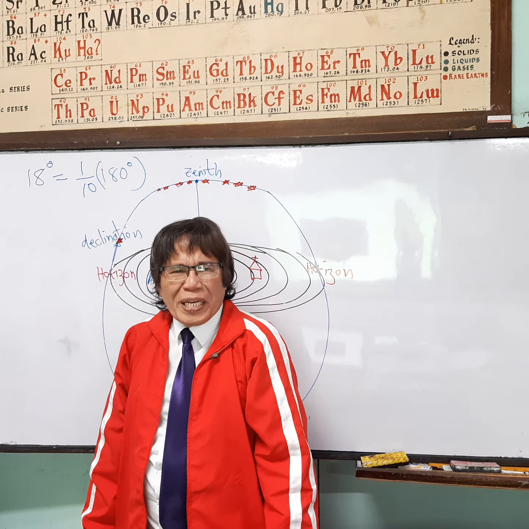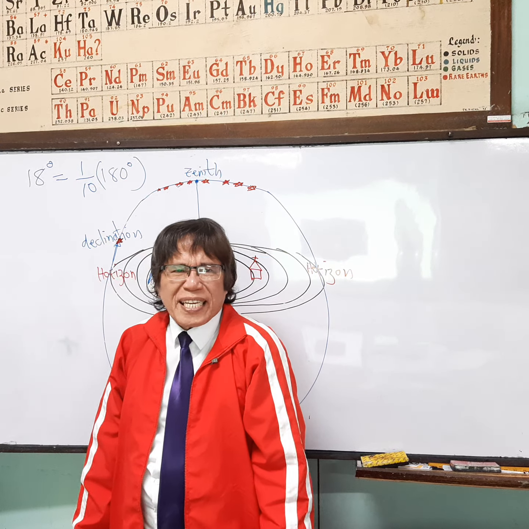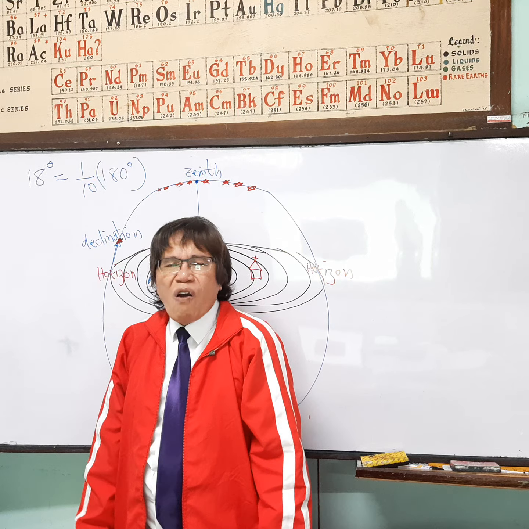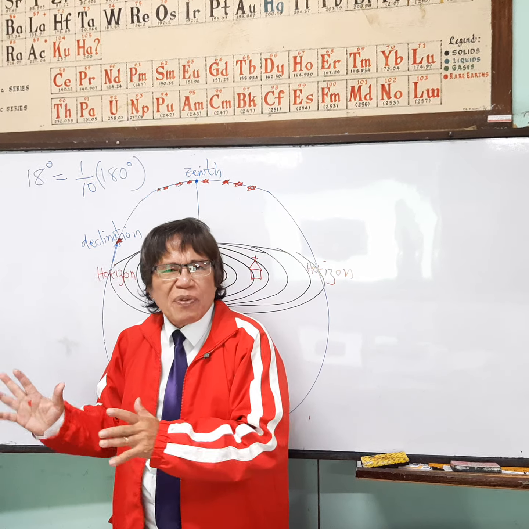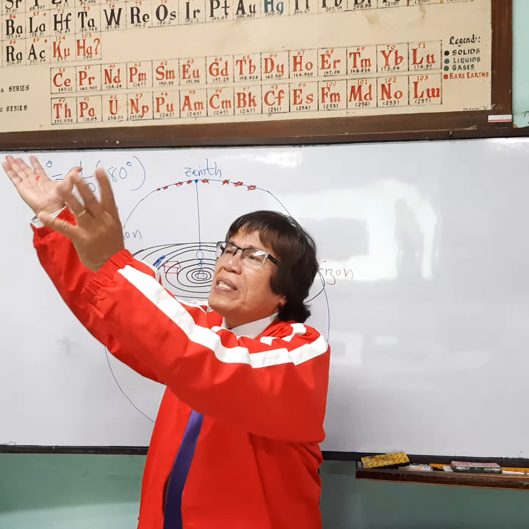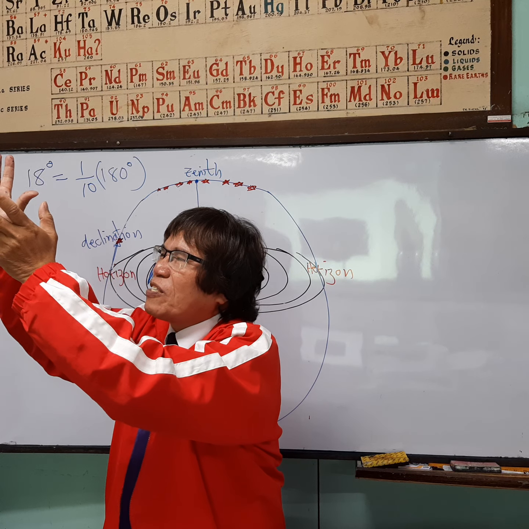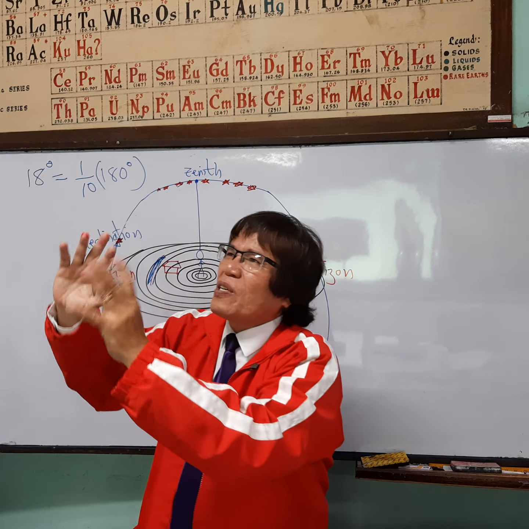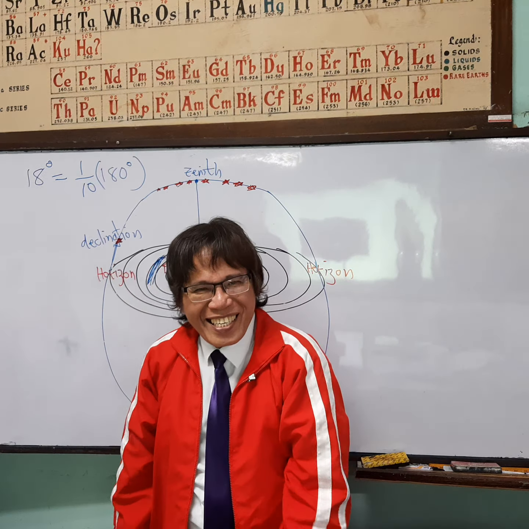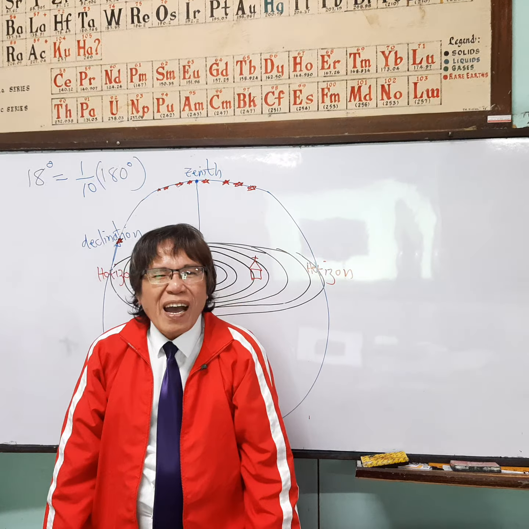So what shall we do to measure the distances between stars? How far is one star from the other star? We go to what we call the heavenly twin constellation, the winter constellation we call the Gemini.